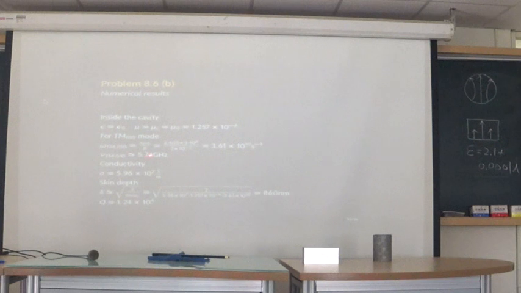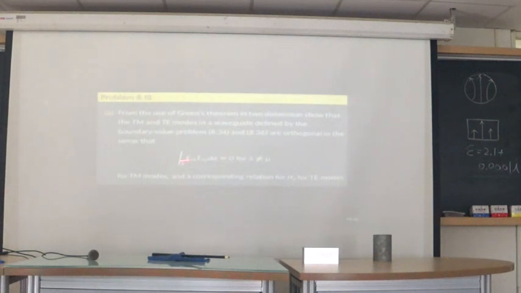And the conductivity of copper is 6 times 10 to the power 7. So the skin depth of copper is about 860 nanometers. So the Q factor we finally get is about 12 thousand.